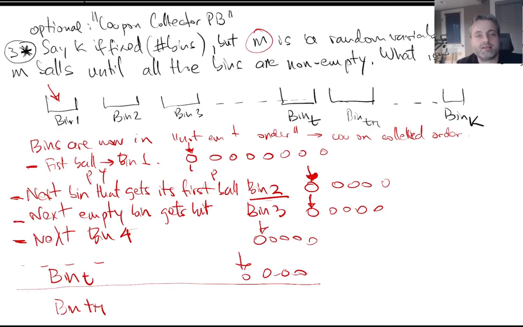They don't advance at all because I'm putting balls into the same bins that I already have balls in. I care about when a ball falls into the next empty bin, which will be the next bin right here.